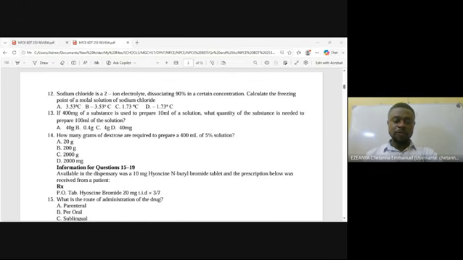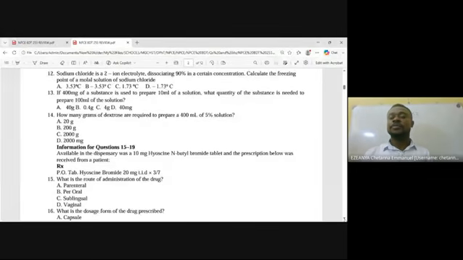Yesterday, we solved a question on isotonic solution, the one that involves dissociation, that is the I factor.